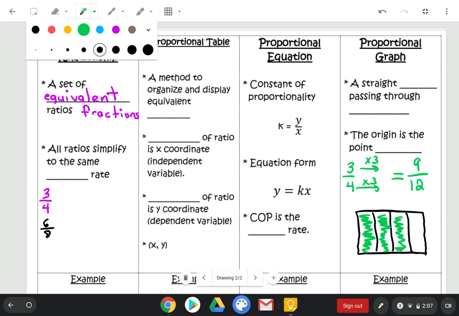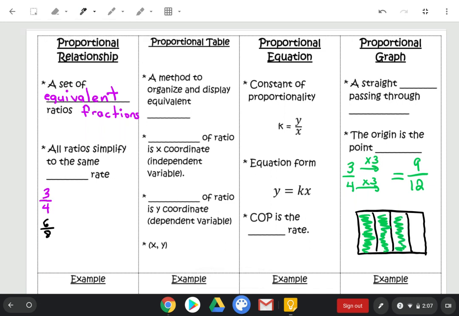Now I'm going to take my model and I'm going to divide it into 12 equal sections. So if you count, I have now divided it into 12 sections. Well, notice I did not change the part that I painted green. It's still the same.